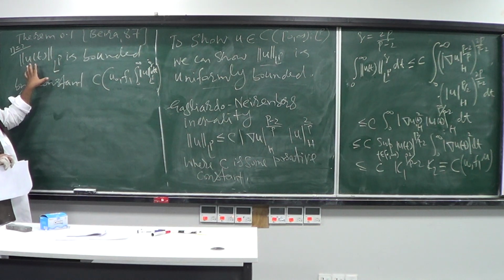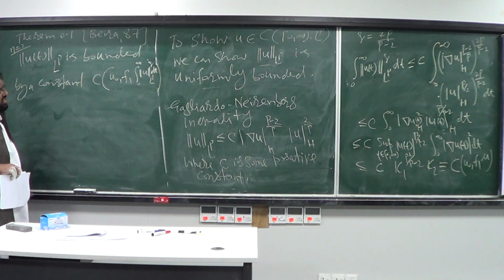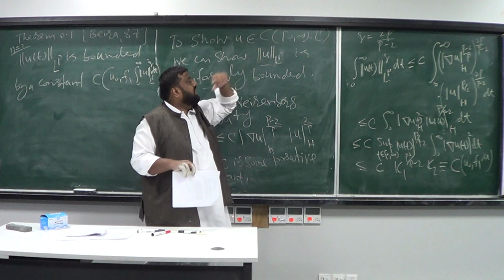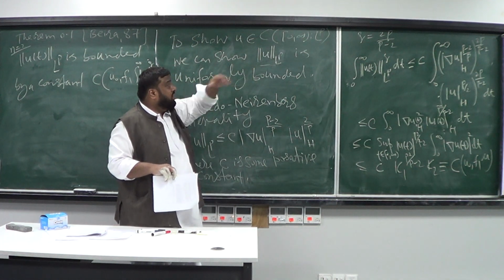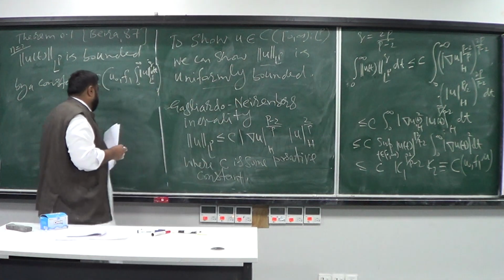And once you have the uniform boundedness of the LP norm for all t in the interval 0 to infinity, your solution is continuous and valid on the entire timeline 0 to infinity, and hence your solution is global.